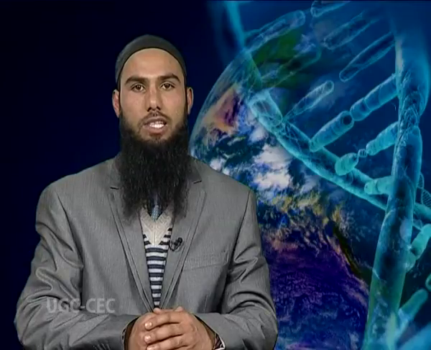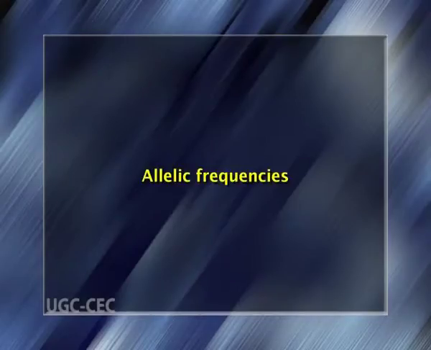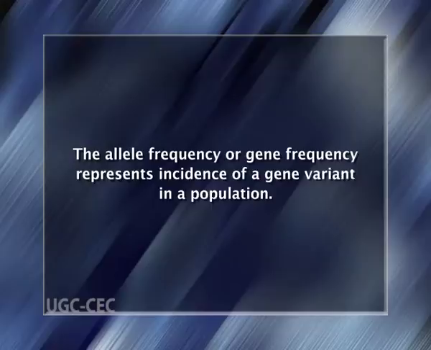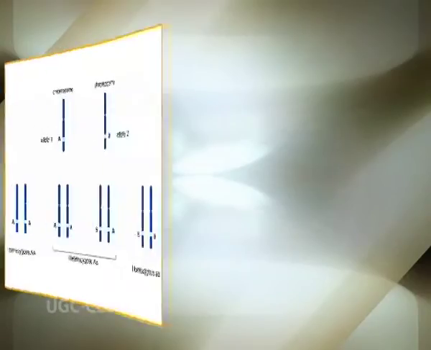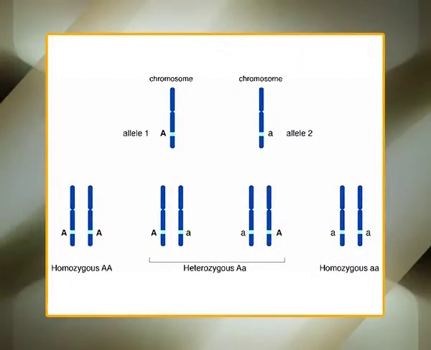Now at last, let us discuss the last part of today's lecture, that is allelic frequencies. The allele frequency or gene frequency represents the incidence of a gene variant in a population. Alleles are variant forms of a gene that are located at the same position or genetic locus on a chromosome.